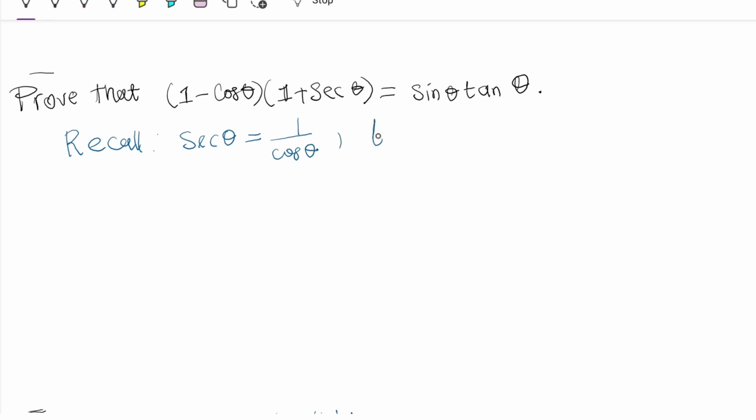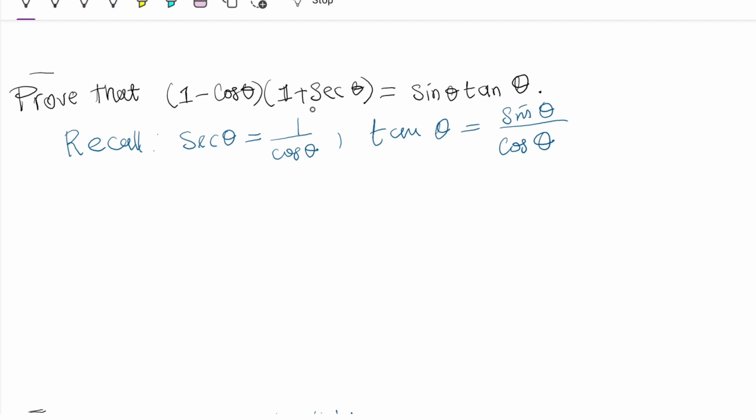Number 2, you should remember that tan theta is given by sine theta divided by cos theta. Okay. Again, my disclaimer is that you are not restricted to only one method. This method is what I think is easier for me to work out.